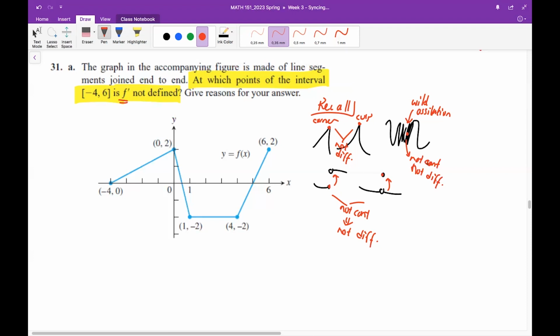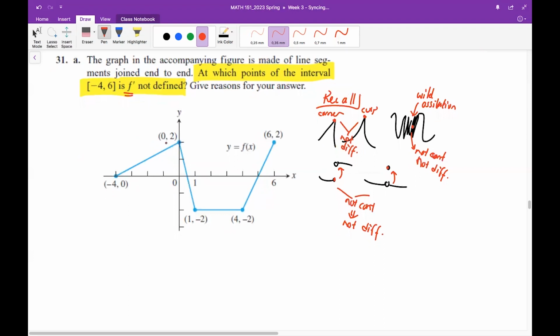So let's look at this graph again. At this point and here, we have corners, right? These are corners in the graph. So at those points, your function is not differentiable, because of the corner. But is there any problem about continuity of this graph?